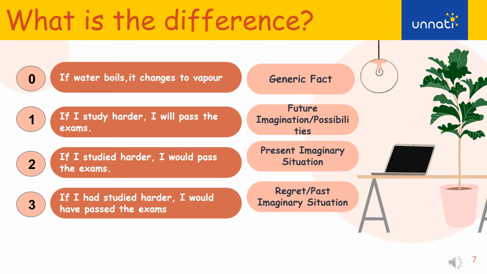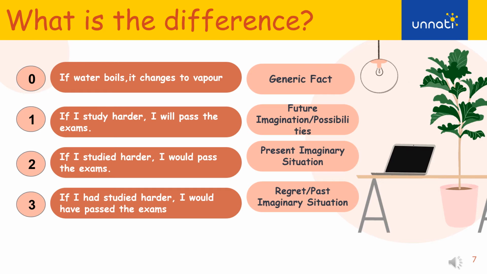Third conditional talks of a past imaginary situation, or in certain cases a past possibility, or a regret or a lamentation is shown. If I had studied harder, I would have passed the exams.